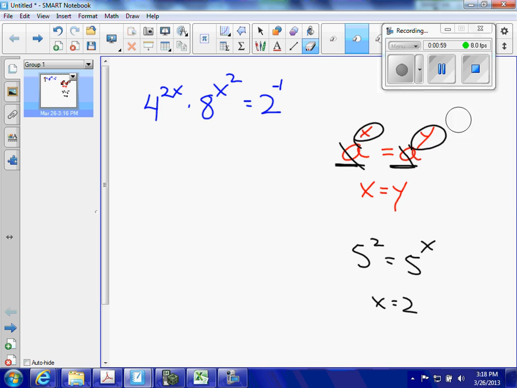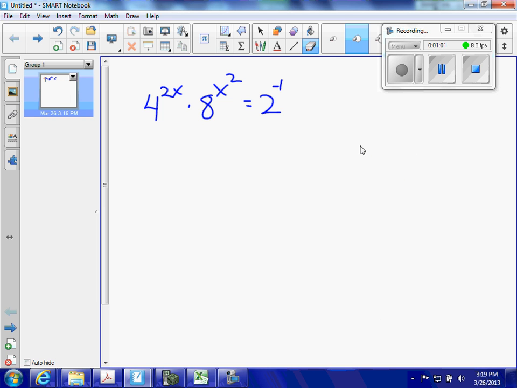So what we want to do here is look at the problem and see if there's any way that we can get the same base. And I can see that I have 2 as one of my bases. And I also know that I can reach 8 by powers of 2, and I can reach 4 by powers of 2.